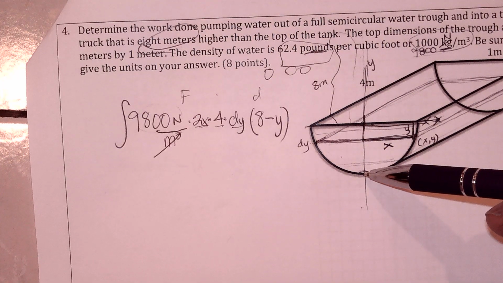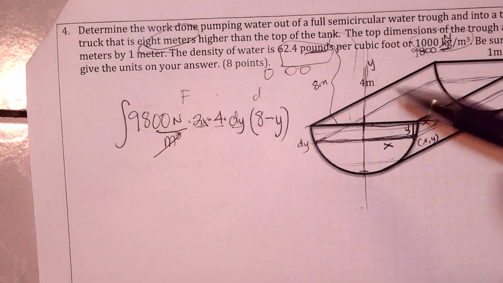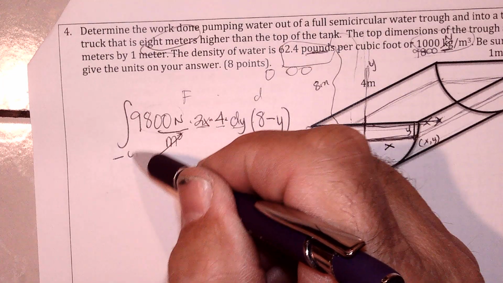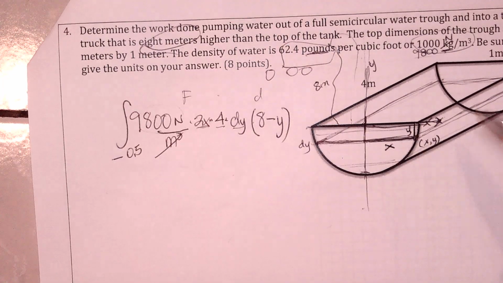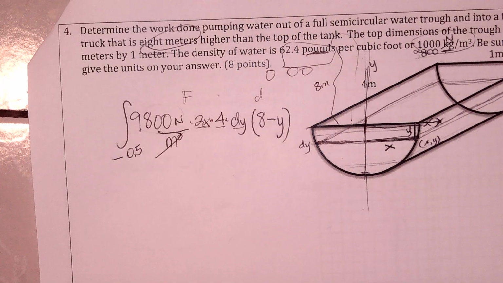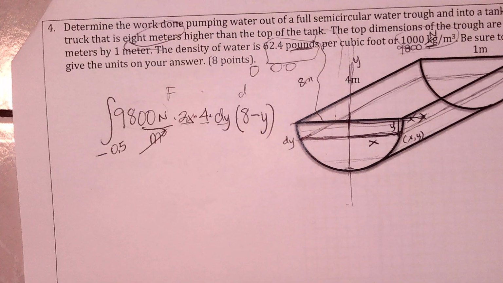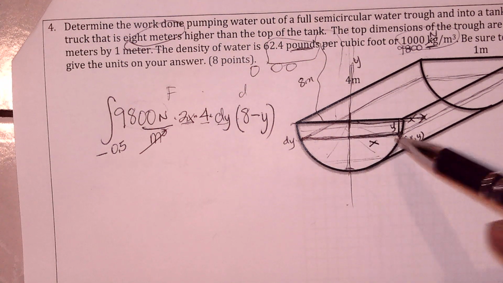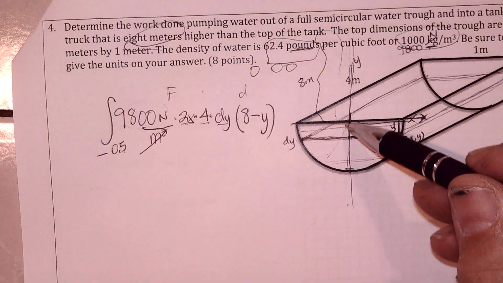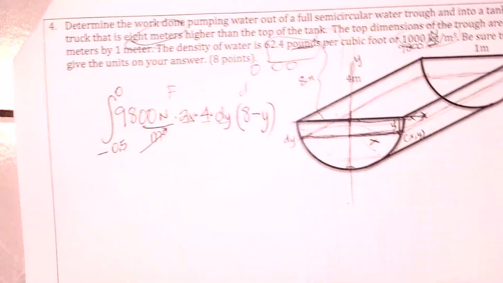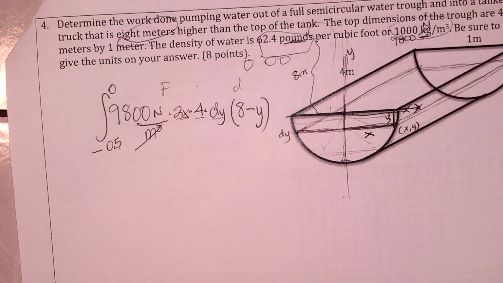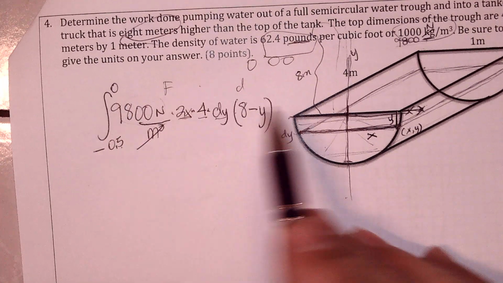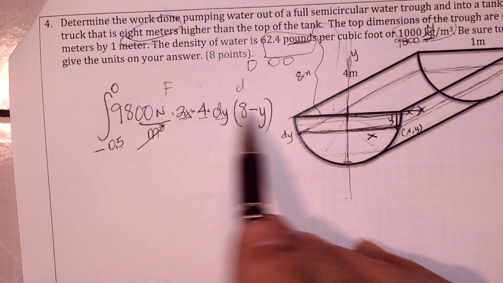So y is going to be, all the slices end up being between minus 0.5 meters, because the diameter is 1, so the radius is 0.5, up to y is 0. So this is ready to integrate if they were all y's.